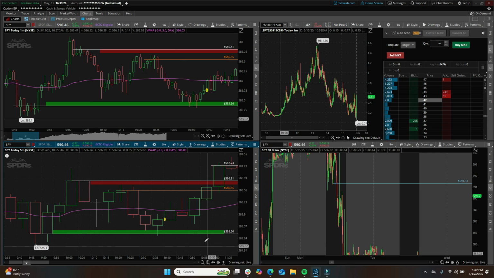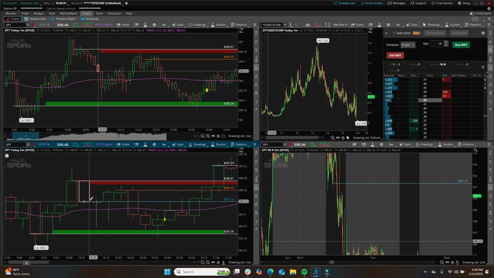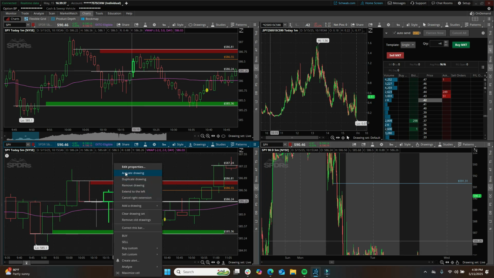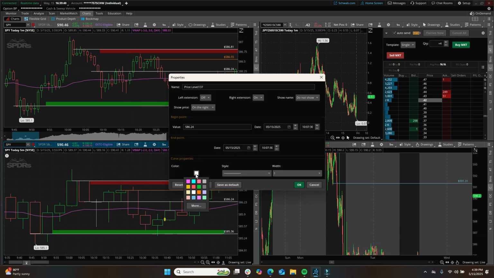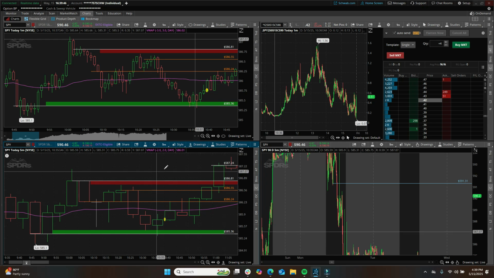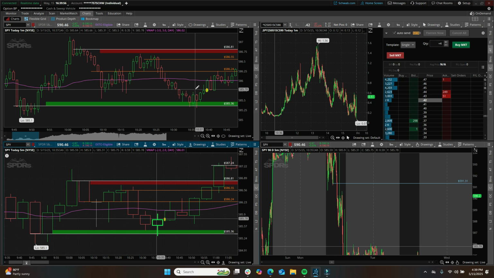So the next area between here is this small agreement here. We haven't really been able to determine the role of this area. So right now, I'm calling that take profit one.